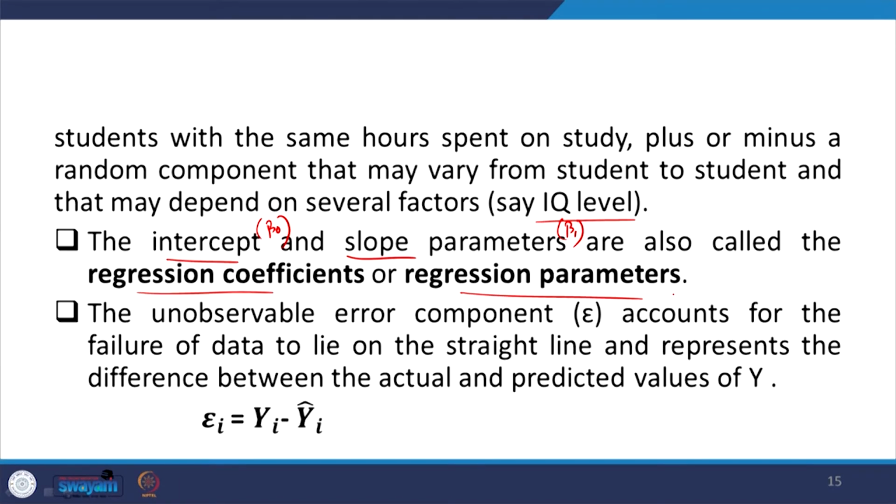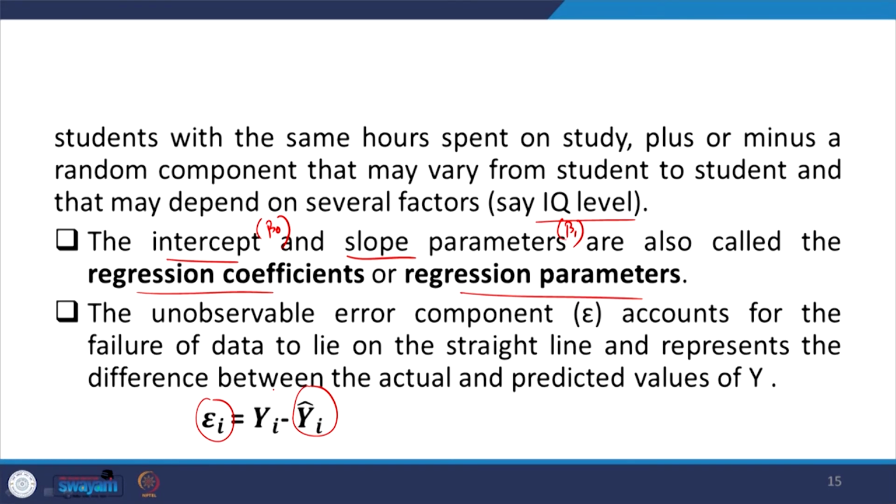The unobservable error component, that is epsilon, accounts for the failure of data to lie on the straight line and represents the difference between the actual and predicted values of y. So, the error term which we wanted to mention, actually if it deviates from a standard line or standard trend line, that is also called the straight line, is simply calculated as the difference between y, the dependent variable, minus the estimated value of that yi.